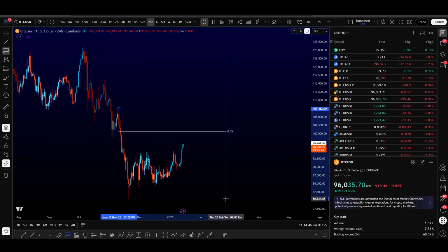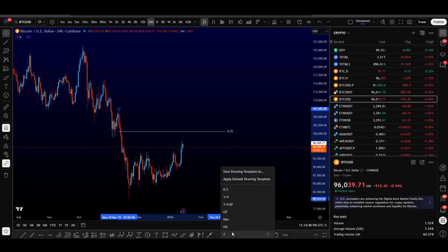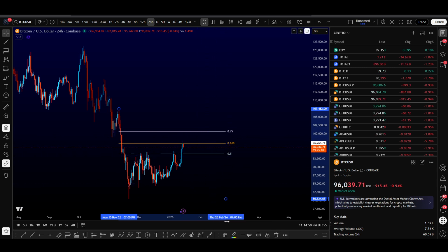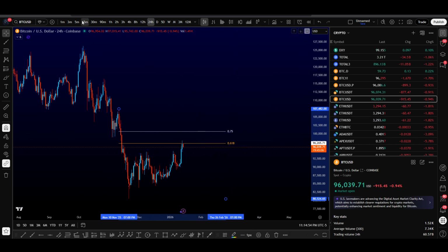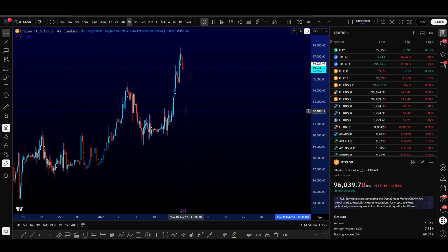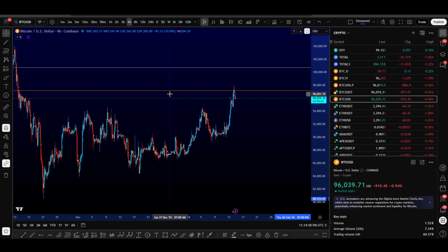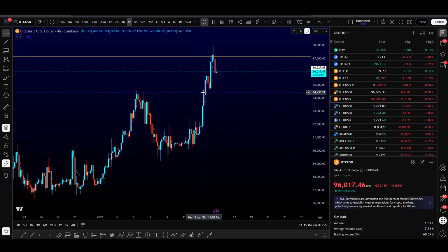Not .75, 618. Still an important level, right? So it hit the 618 of that overall range. Thought about going short. I should have gone short, because it looks like it's just going to be a short trade up until this weekend for sure.